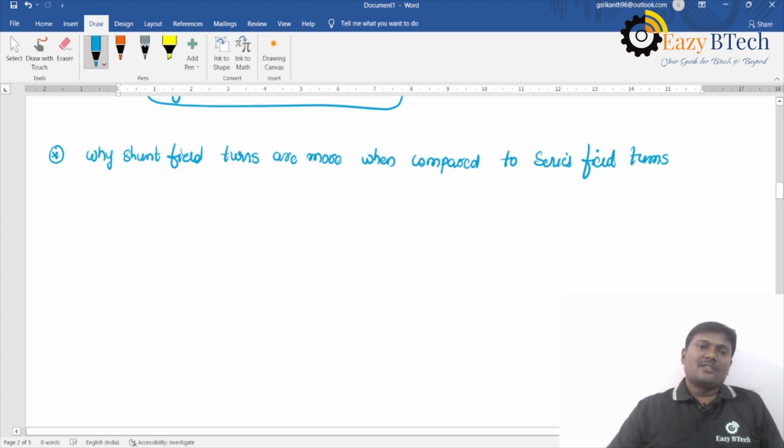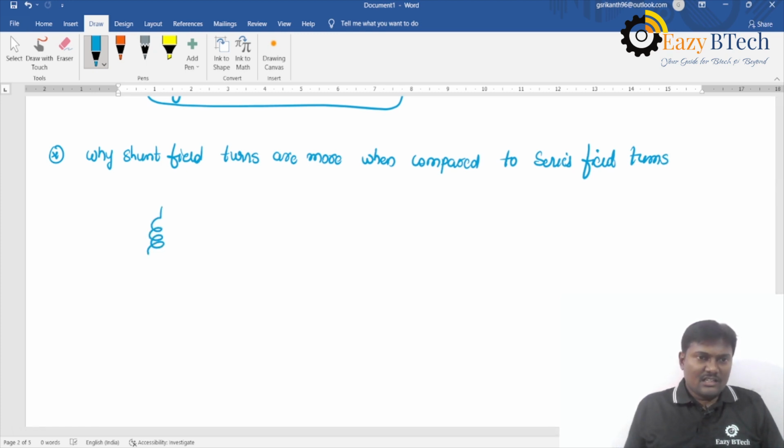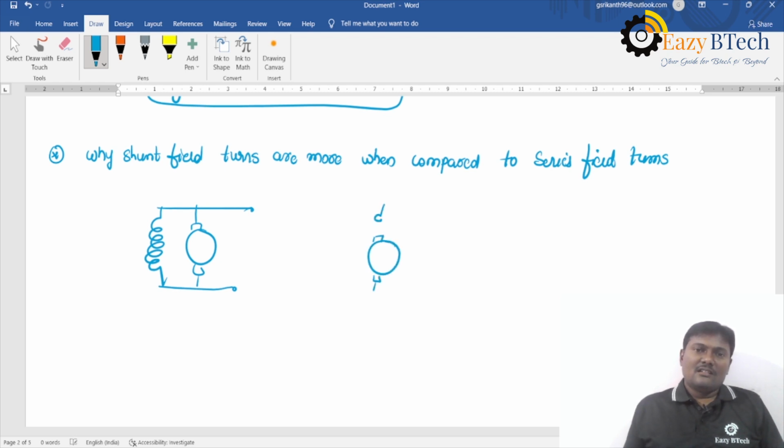If you observe, the shunt field winding is like this, and it has more number of turns. But if you go for the series field winding of a DC generator, it carries only a few turns.